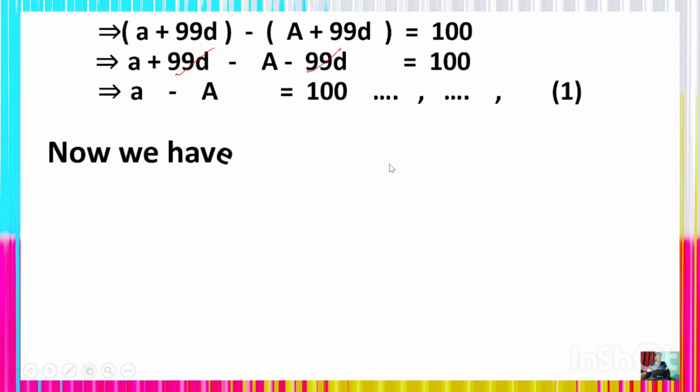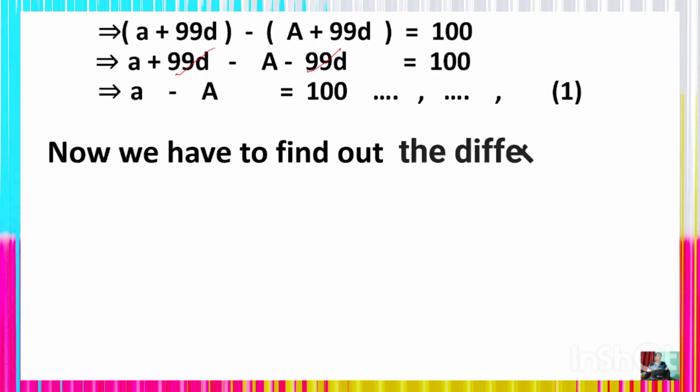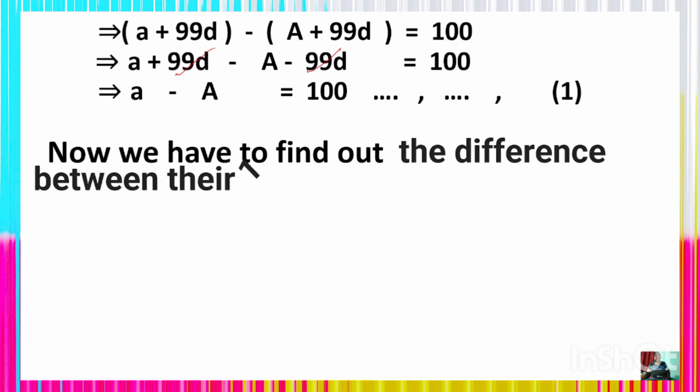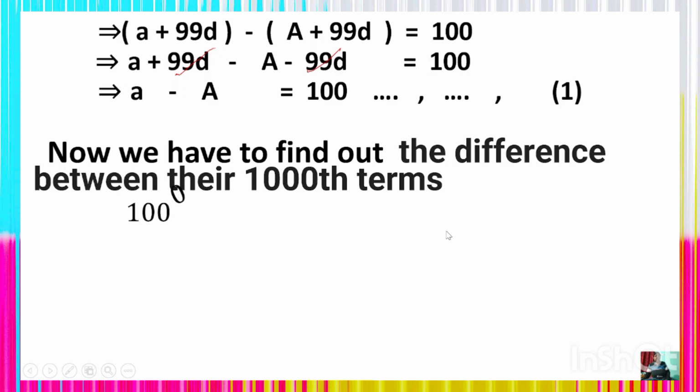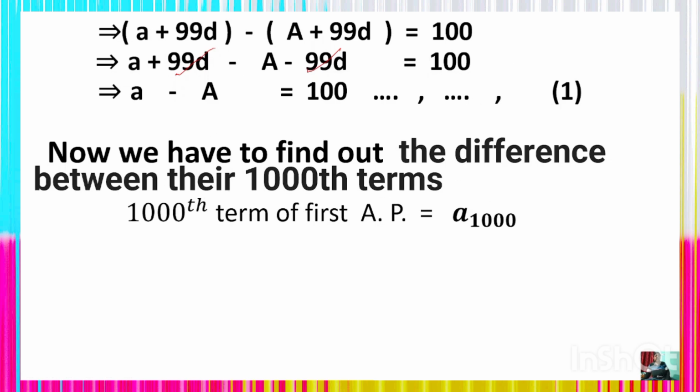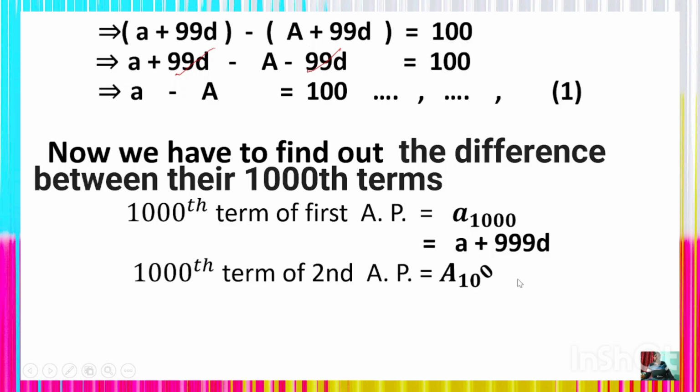Now we have to find the difference between their 1000th terms. Now see the 1000th term of the first AP, a1000, which is a plus 999D. The 1000th term of the second AP, capital A1000, is capital A plus 999D.